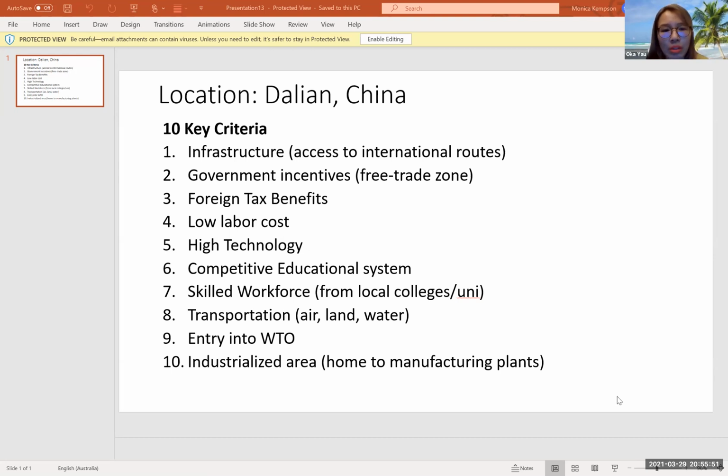Also, because of the competitive education system, they actually have something similar, industry technical work in this industry. So we put this one for high technology for this point.